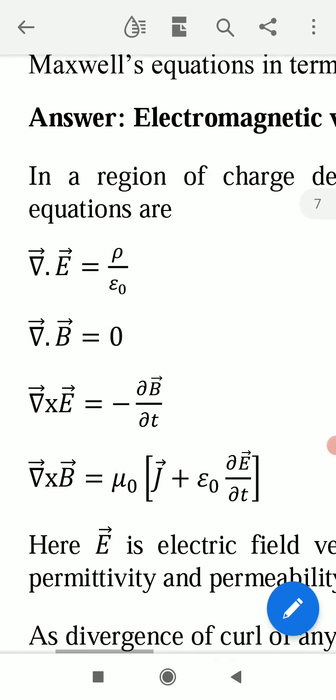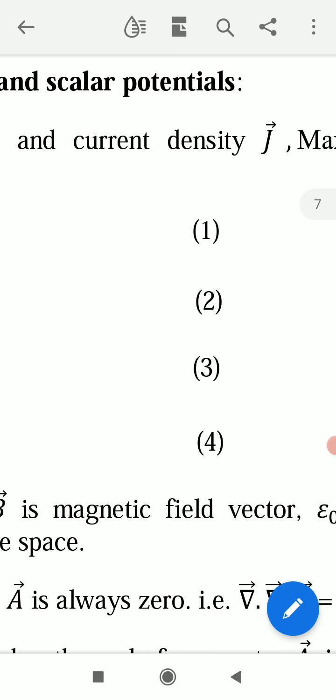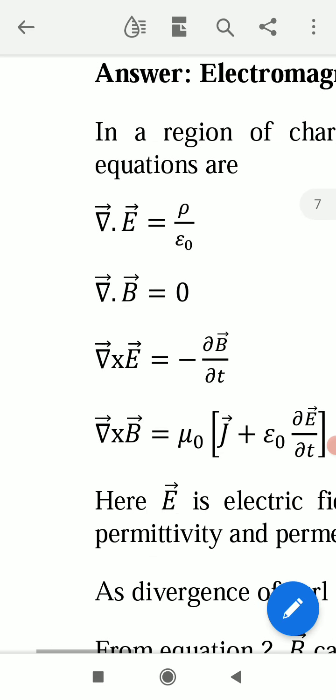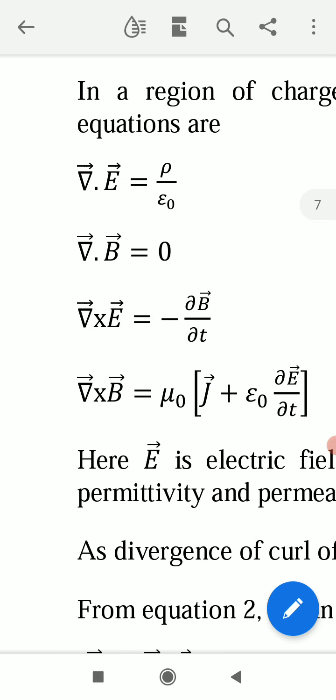In a region of charge density rho and current density J vector, Maxwell's field equations are, these are 4 Maxwell's field equations for electric field E vector and magnetic field B vector.